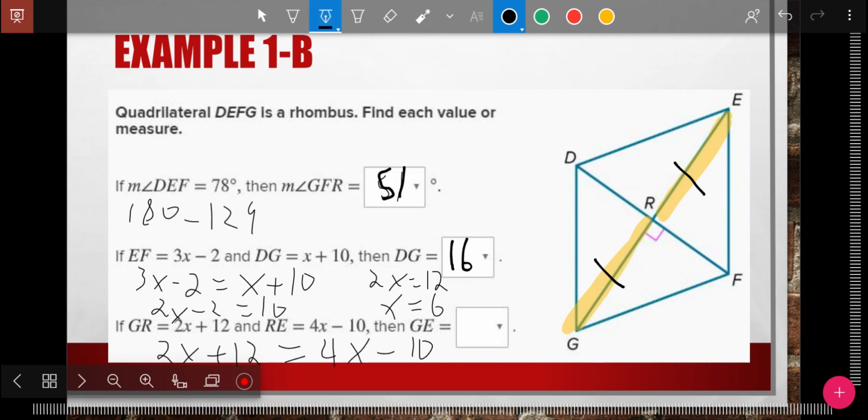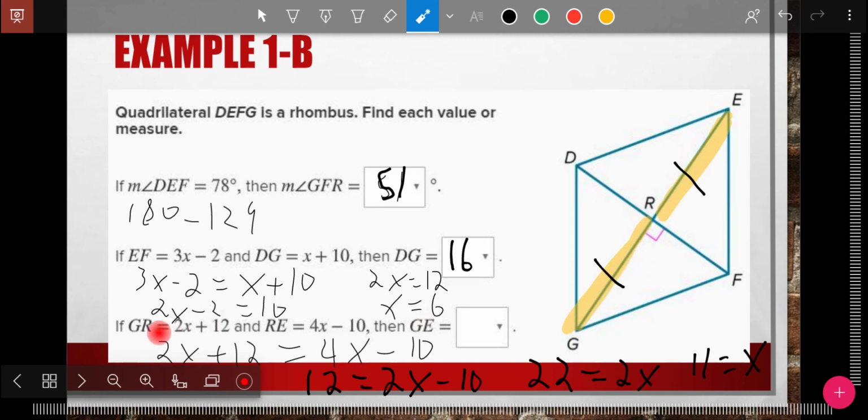I minus the 2x from both sides. I get 12 equals 2x minus 10. I add the 10 over. I get 22 equals 2x. I divide by 2. I get 11 equals x. It says here, find GE. So what is GR?